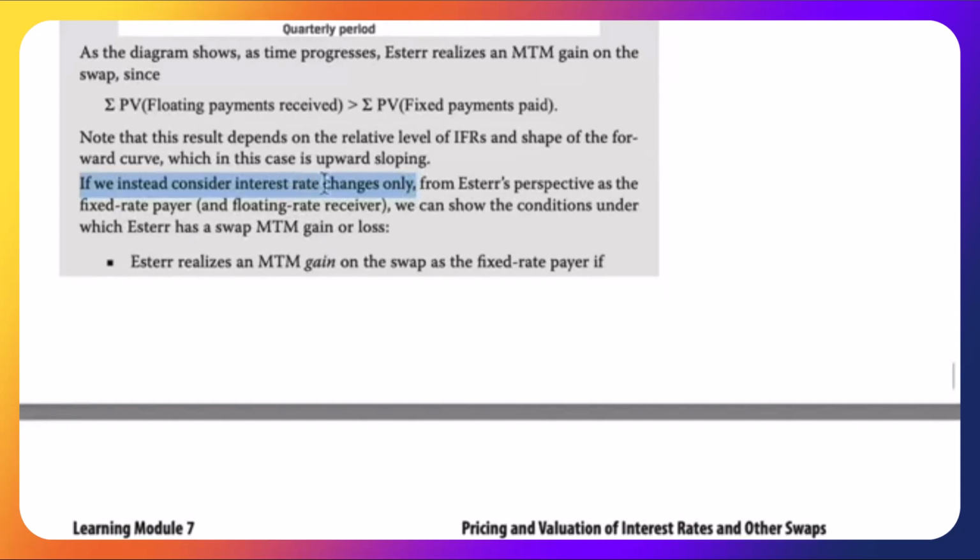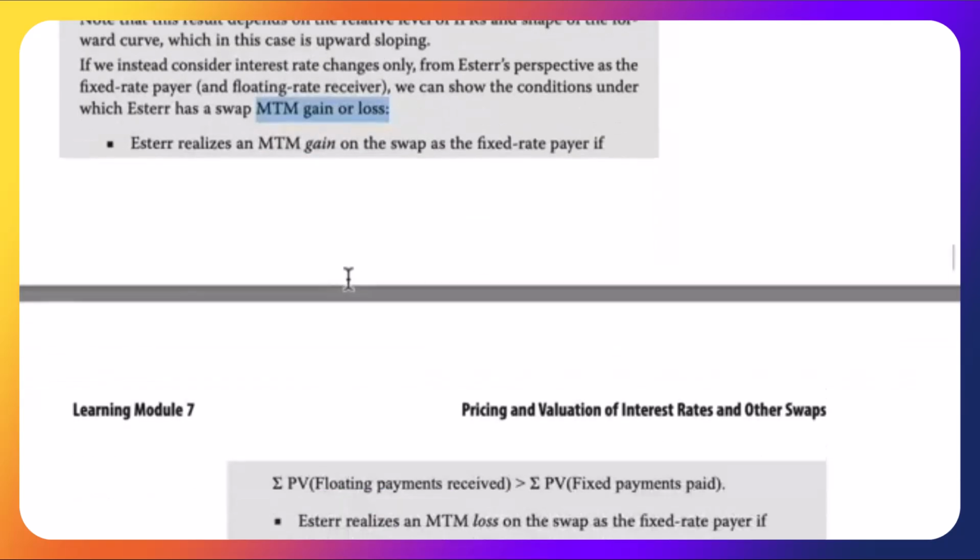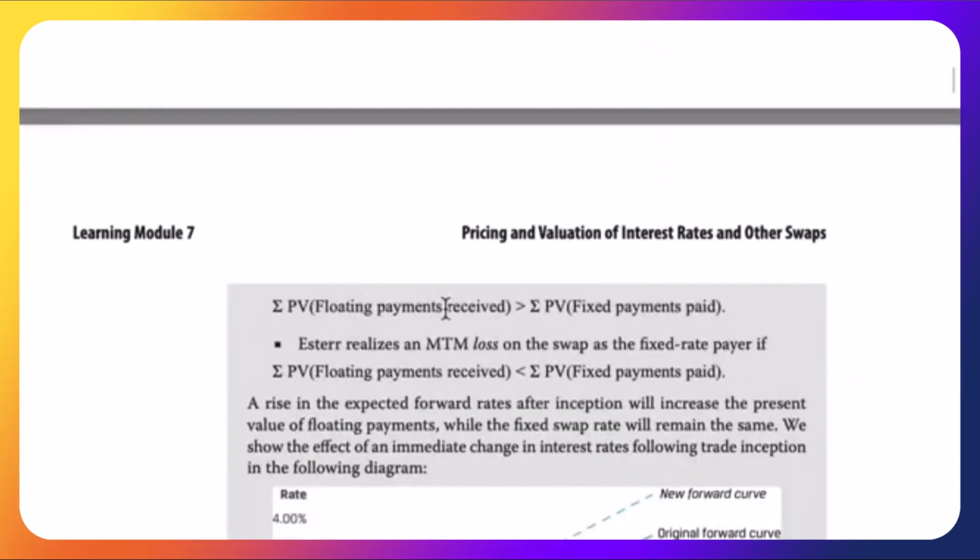Okay, if we consider interest rate changes only from Esther's perspective as the fixed rate payer and the floating rate receiver, we can show the conditions under which Esther has a swap mark-to-market gain or loss. Esther realizes a mark-to-market gain on the swap as the fixed rate payer if, again, stick in the "to be," the sum of the present value of the floating payments to be received would be greater than the fixed payments to be made, the present value, that is.